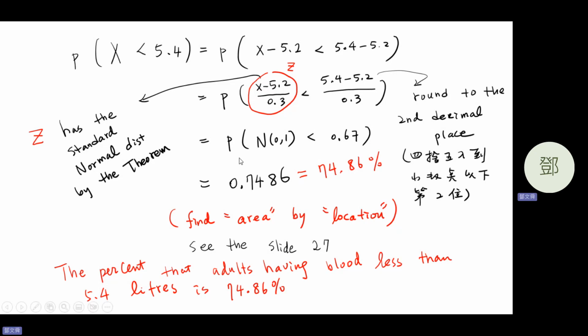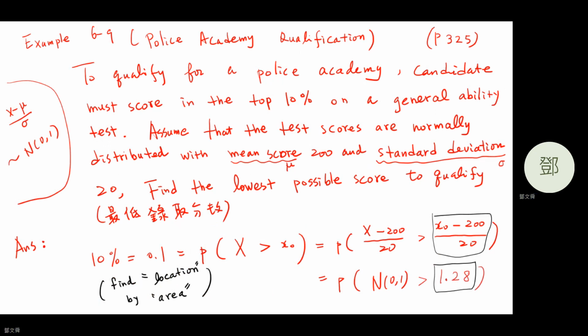So the next application is described in Example 6-9, police academy qualification. It's on page 325. To qualify for a police academy, a candidate must score in the top 10% on a general ability test.